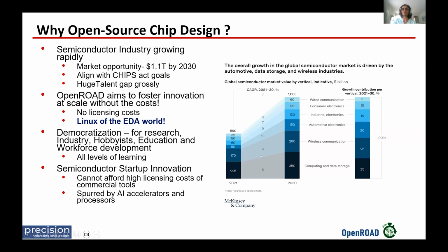This is the projected growth across these. And as many of you may be aware, today there is a huge explosion in AI related applications, and this increasing need for very high performance, energy efficient AI based accelerators is further expanding this big chunk that you see.